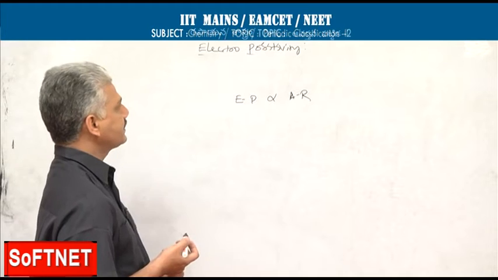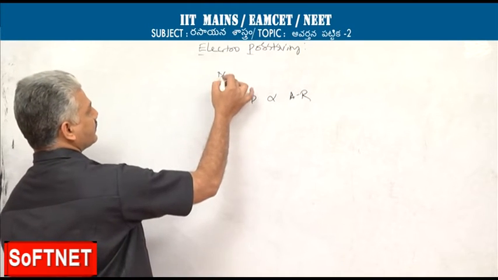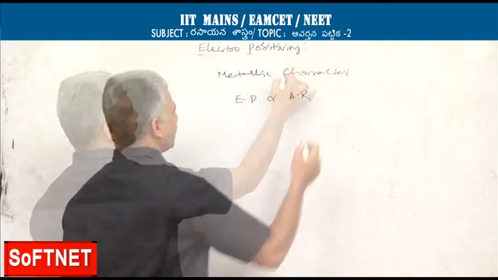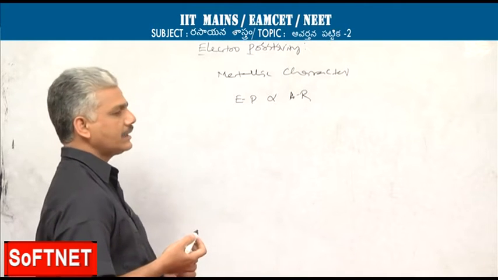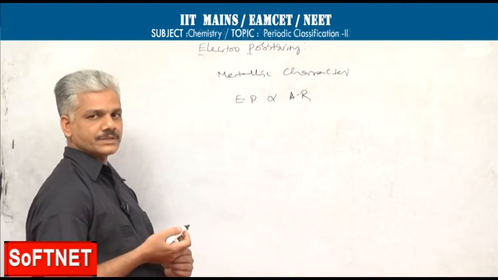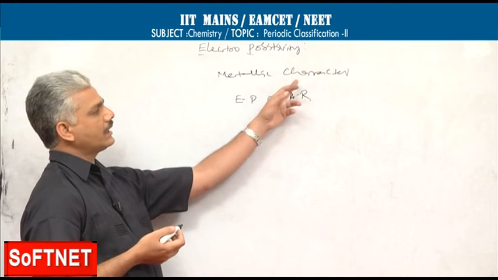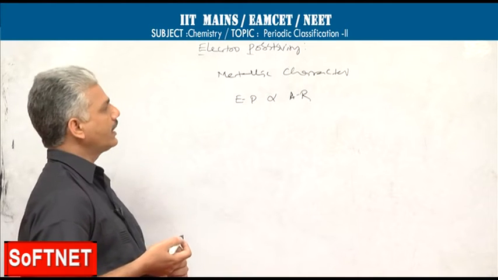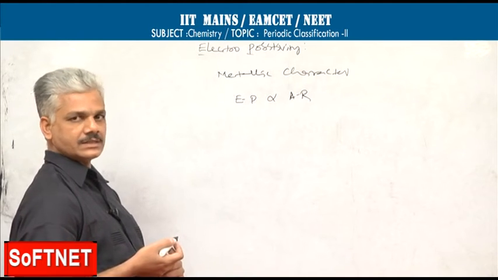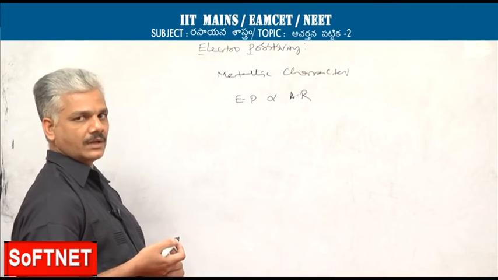This electropositivity value is related to metallic character. Any element with a higher electropositivity value will have higher metallic character. Electronegativity is considered as a characteristic feature of nonmetals.